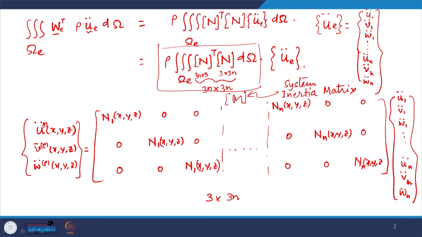So, when we add this, then the governing differential equation now looks like this, if I include this term, the dynamic term, the acceleration term, after evaluating the integral. The element level equation now looks like this.